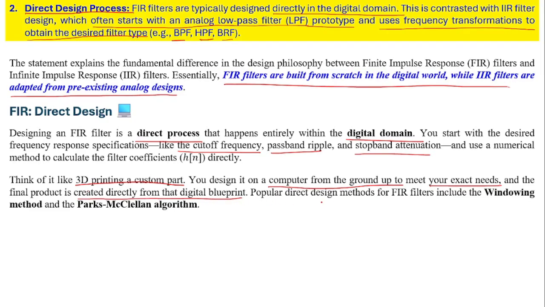Popular direct design methods for FIR filters include the windowing method and the Parks-McClellan algorithm. We will mainly concentrate on the windowing method, and we will not go into the Parks-McClellan algorithm, but I will give you an understanding of what happens in it, because if we go into that, we will not have sufficient time to cover the other parts.